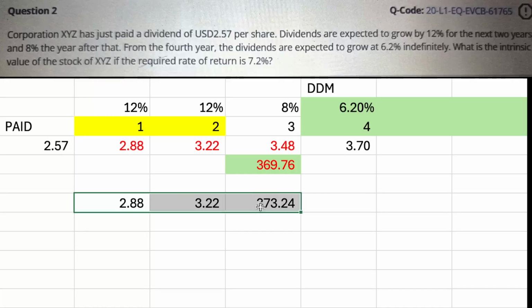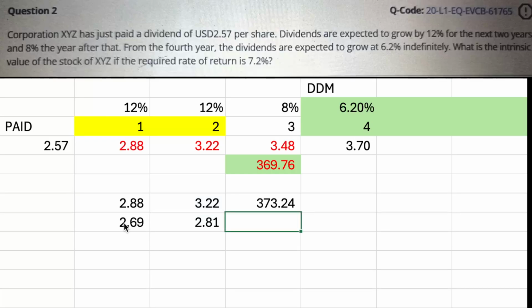So now we compute the present value by using the required rate of return, which is 7.2%. So you just take that divided by 1.072 to the power of 1. And then the same thing, 3.22 divided by 1.072 to the power of 2.